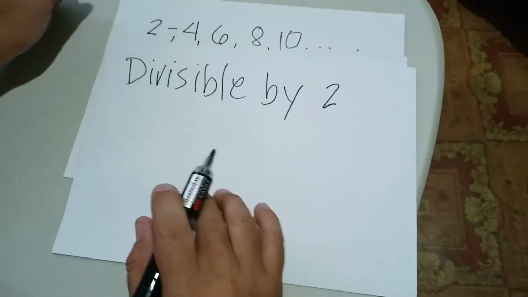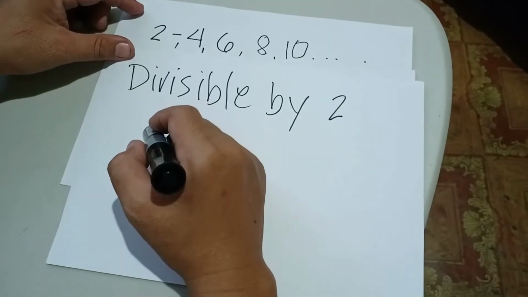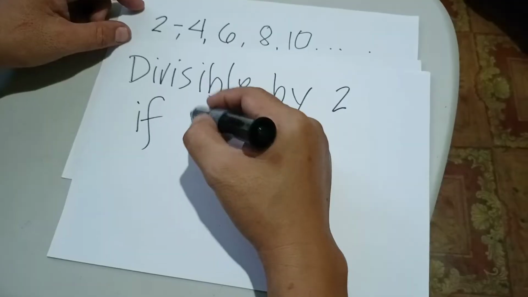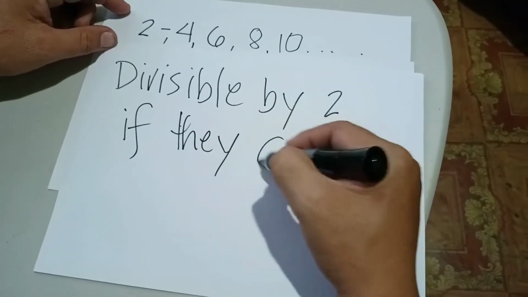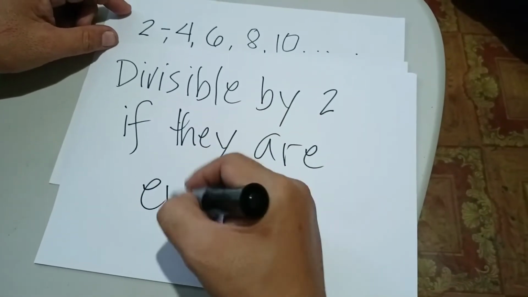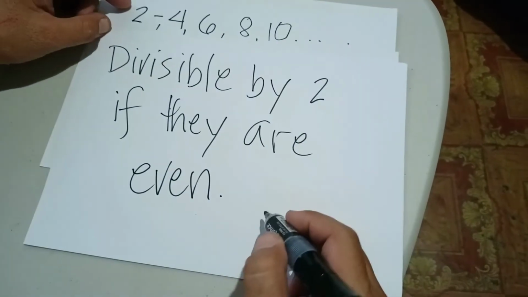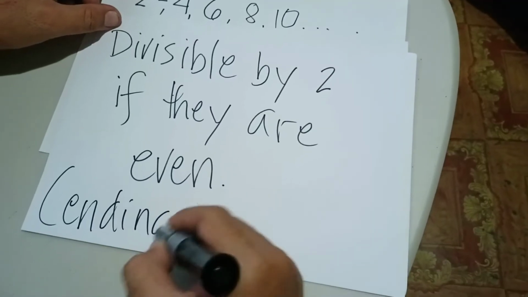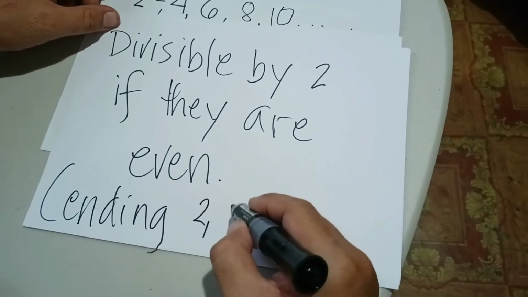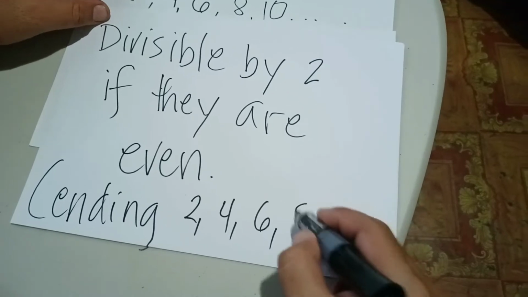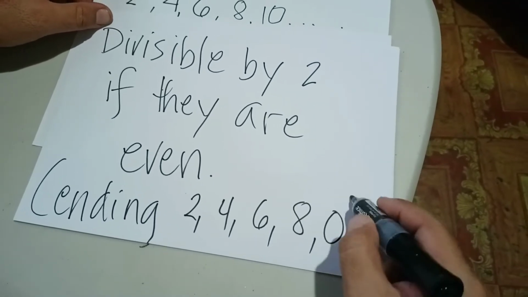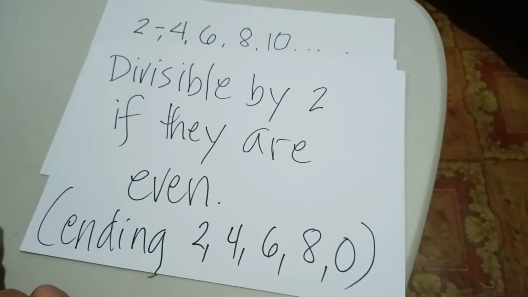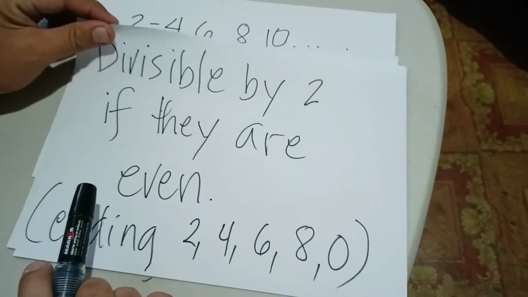So a number is divisible by 2 if they are even numbers, meaning to say ending in 2, 4, 6, 8, and 0. So that means if the number is ending in 2, 4, 6, 8, and 0, that number is divisible by 2.